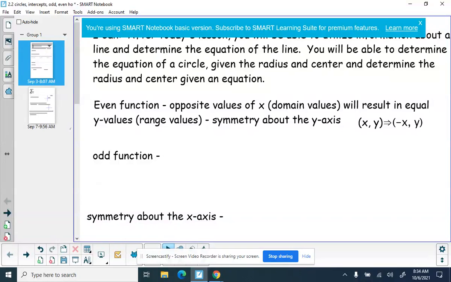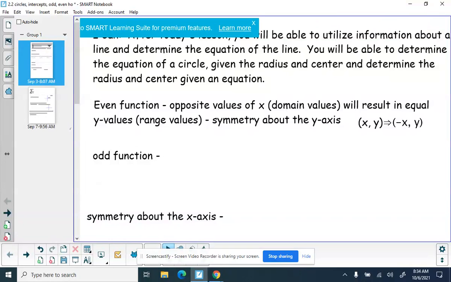When you talk about an even function, opposite values from the domain will result in equal values from the range. If we take a look at ordered pairs, you have x and y.